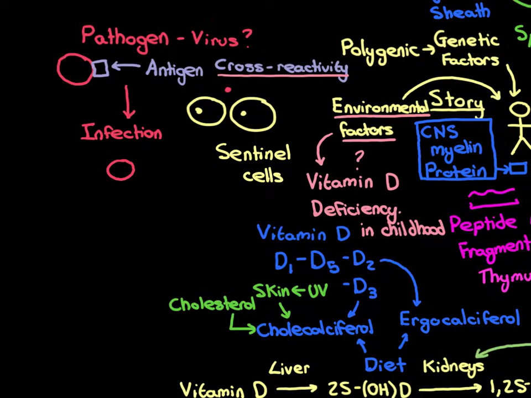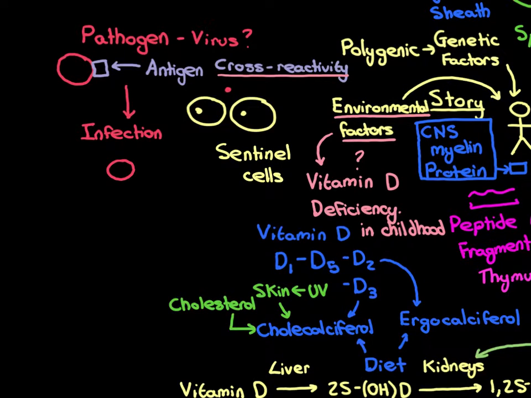Now, in most tissues around the body, the two major types of sentinel cells are resident macrophages and dendritic cells. It is slightly different in certain tissues of the body, in particular in the brain it is different. There's a cell called the microglial cell.